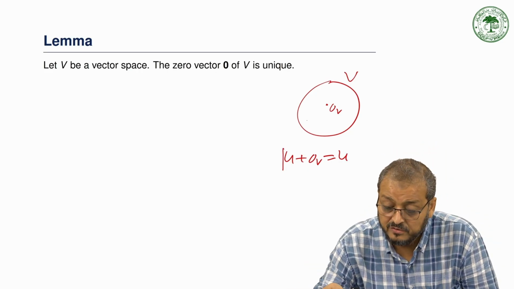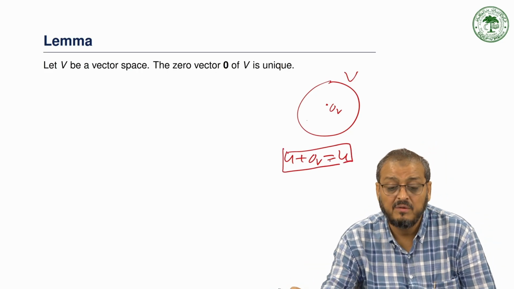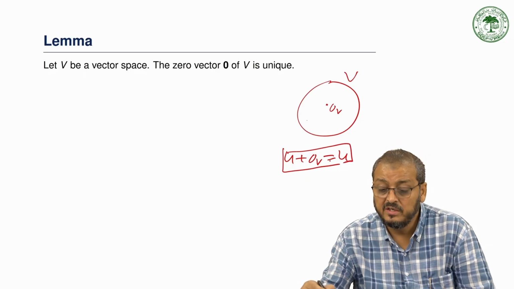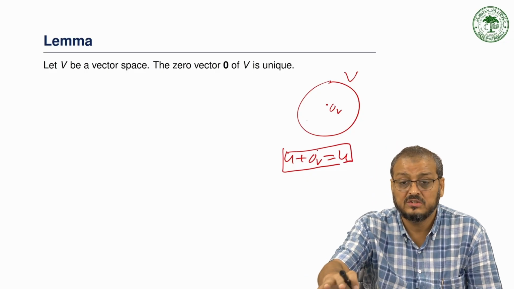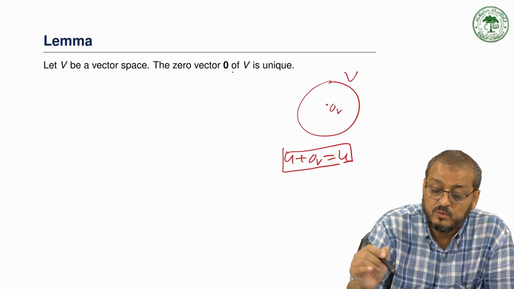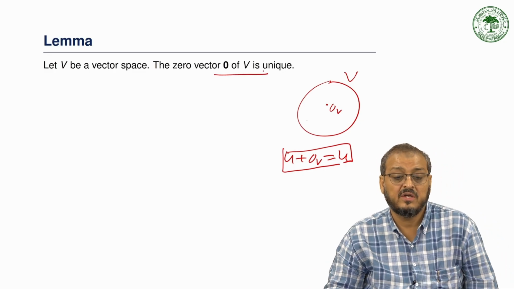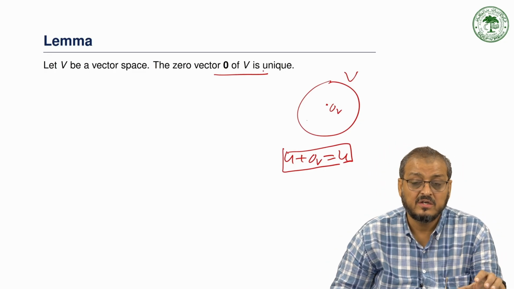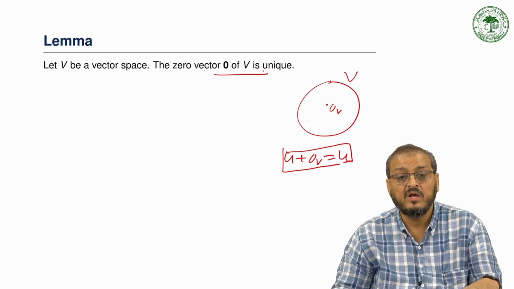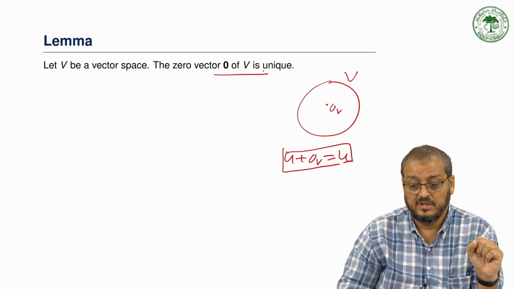So this means it is the only such element for the whole set. Now we try to prove that the 0 vector, the additive identity in this vector space, is a unique element for the whole set.